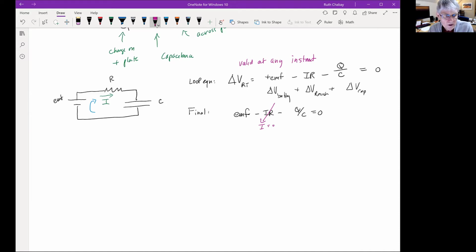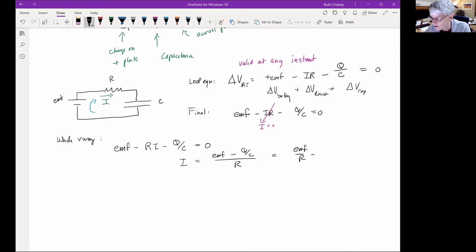But in general, at other times, while running, we have the EMF minus Ri minus Q over C equals 0. So at any particular instant, the current would be equal to EMF minus Q over C, the whole thing divided by R, or EMF over R minus Q over RC.